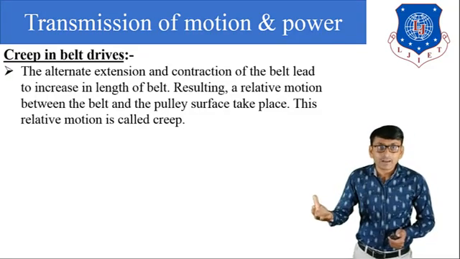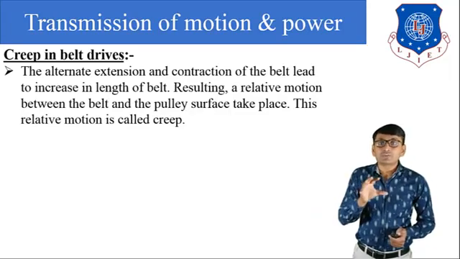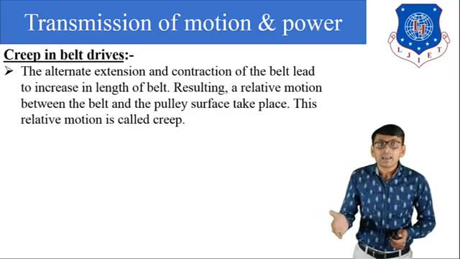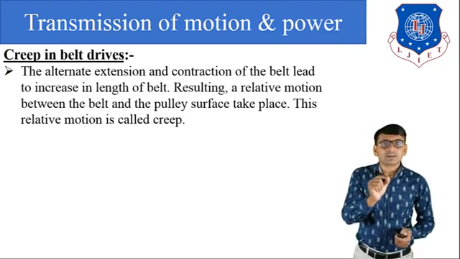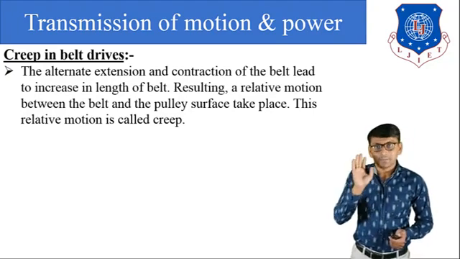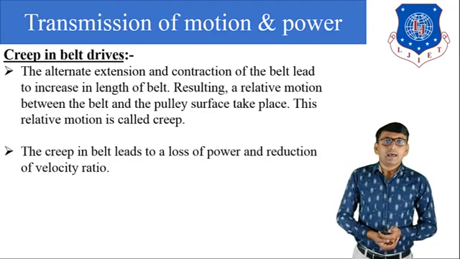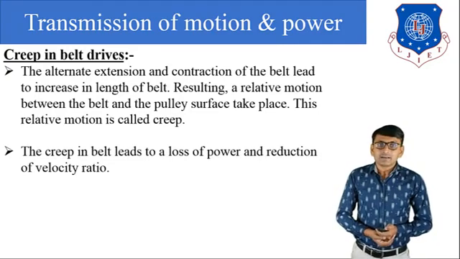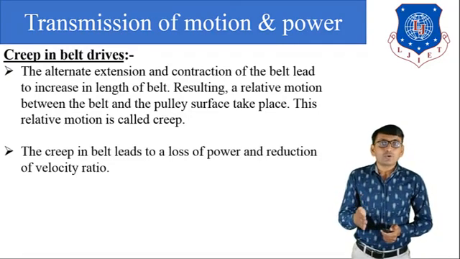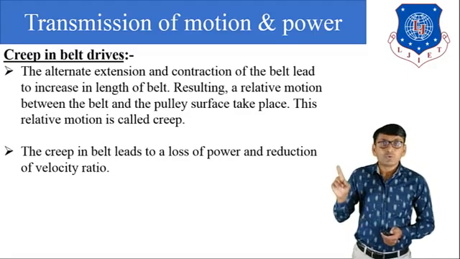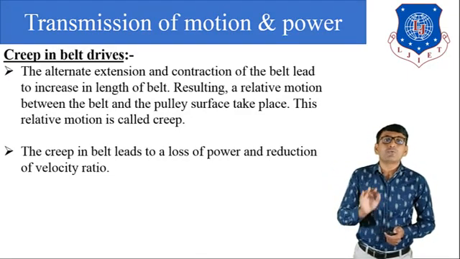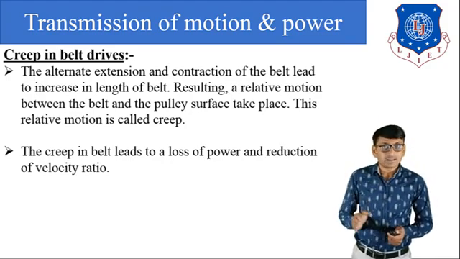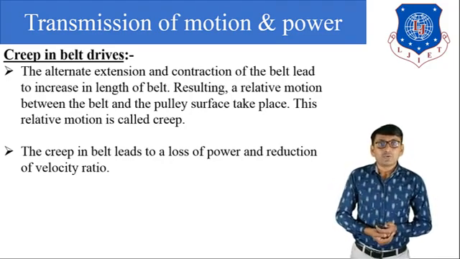Due to this, relative motion is produced between the belt and pulley surface, and this relative motion is called creep. Creep in the belt leads to a loss of power and reduction of velocity ratio. These are the two side effects.